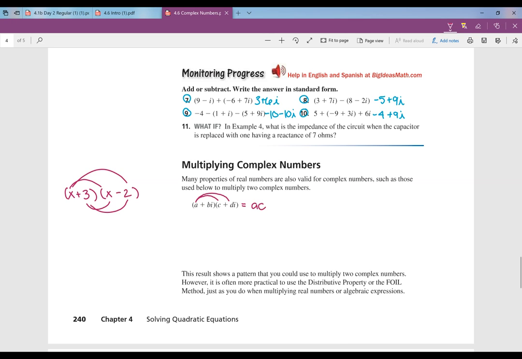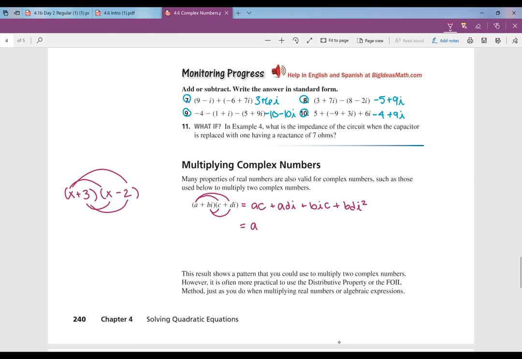So we have A times C plus A times DI. And then our BI distributes to C and DI. So we'll have BI times C and BD times I squared, right? I times I is I squared.